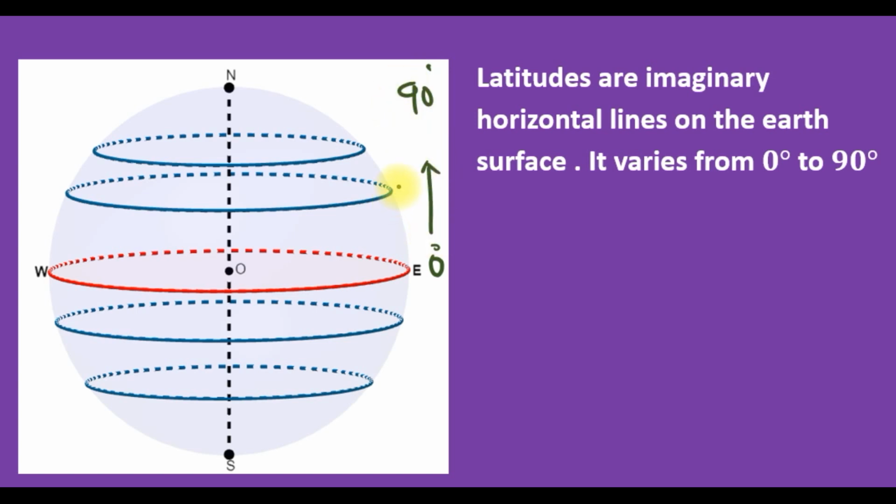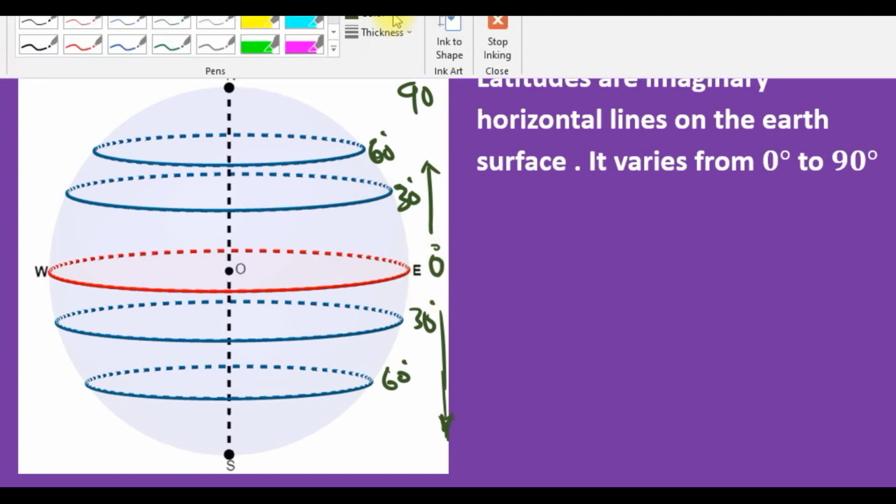So this could be maybe 30. Maybe this is 60. So that's it. Again, this could be 30, maybe 60. So it increases from the equator to north or south from 0 degrees. So this latitude 0 is called the equator.